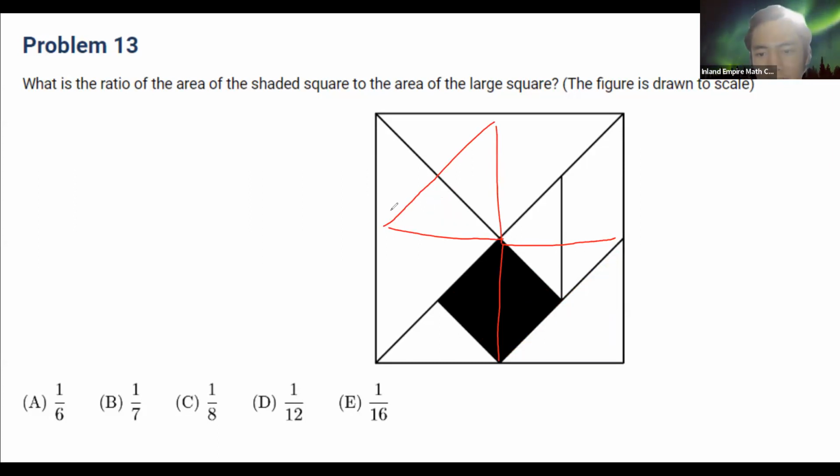And if you count it like that, you have 1, 2, 3, 4, 5, 6, 7, 8. So you have 8 of these big triangles. So if one of them is shaded, then it's actually 1/8. So the answer is C.